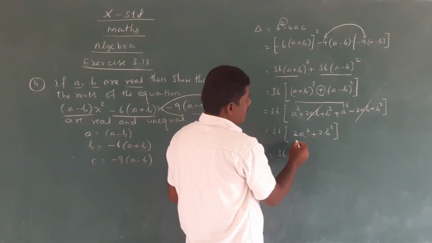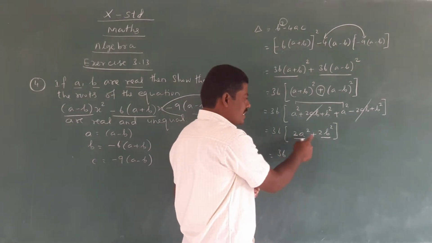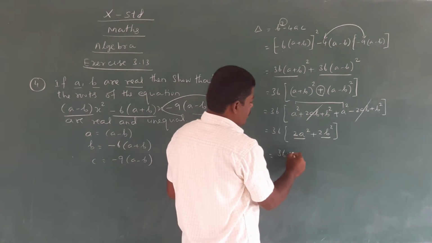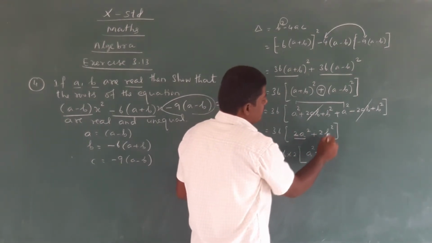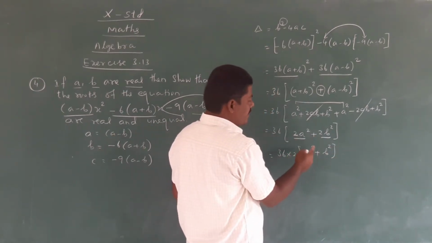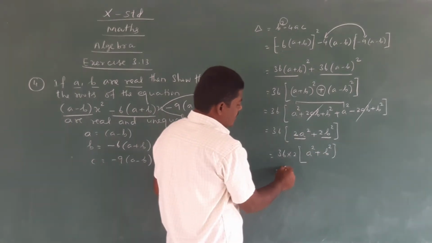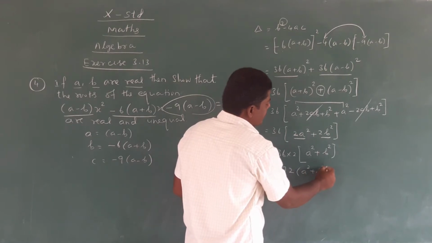Now 36 into these terms, 2 is common, so you take 2 outside. 36 multiplied by 2, in the bracket a² + b². Take 2 outside, what's remaining? a² + b² only. Now 36 twos are 72 of (a² + b²).